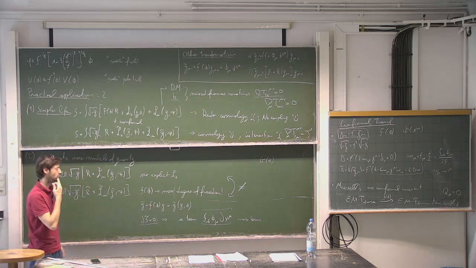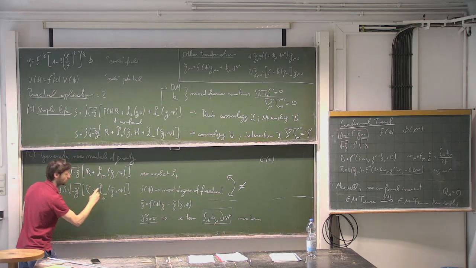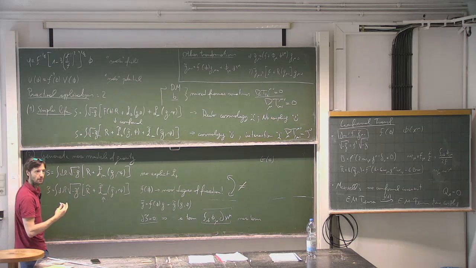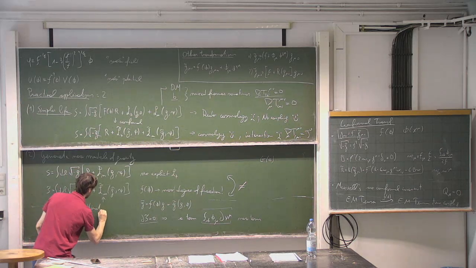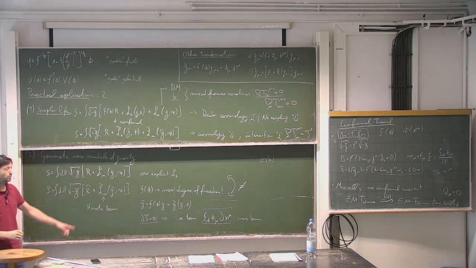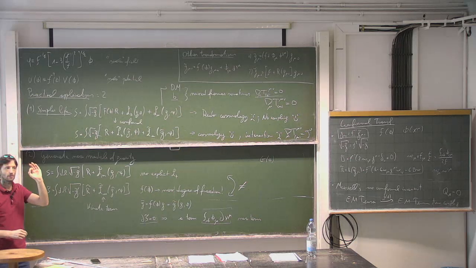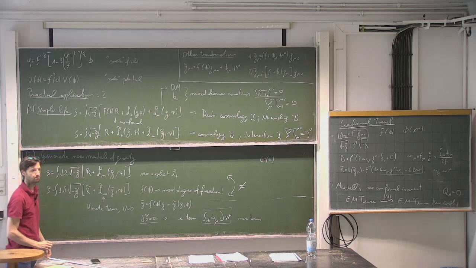Which kind of fluid would we expect? So look, this guy, what would it contain? It would contain a kinetic term, right? What would be the potential? We would have V equal to 0.